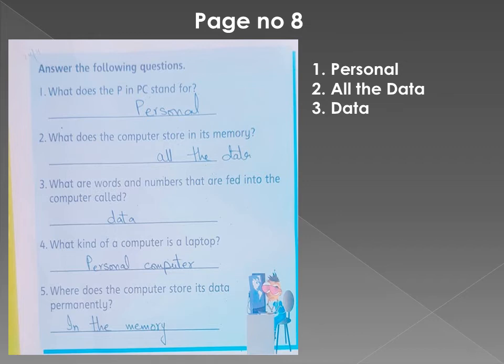What kind of a computer is a laptop? As a laptop is used by an individual, it's a personal computer. Where does the computer store its data permanently? The computer stores its data in the memory. Okay, this is done. Now move on to the next slide.